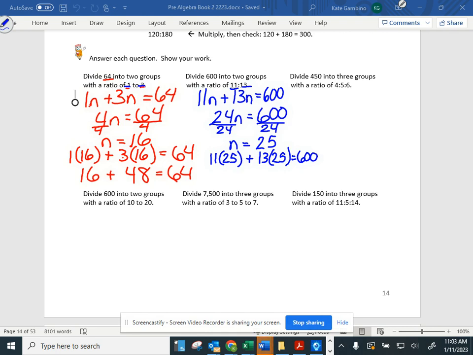So 11 times 25 is 275. 13 times 25 is 325. If I add them together, I get 600.